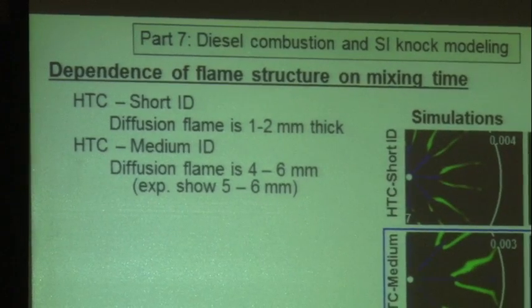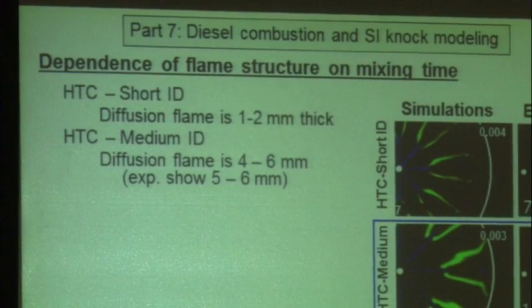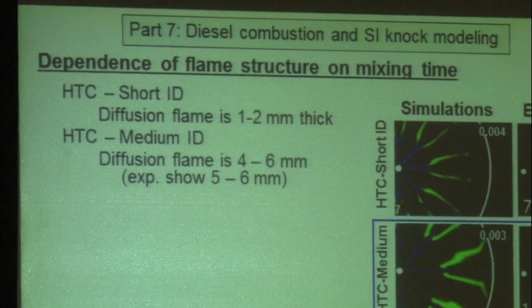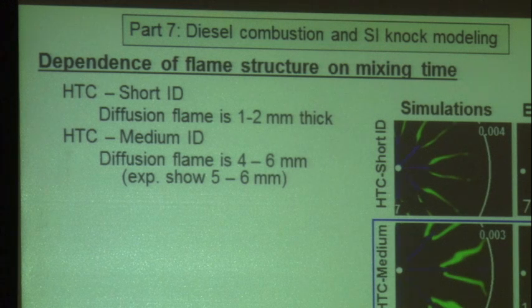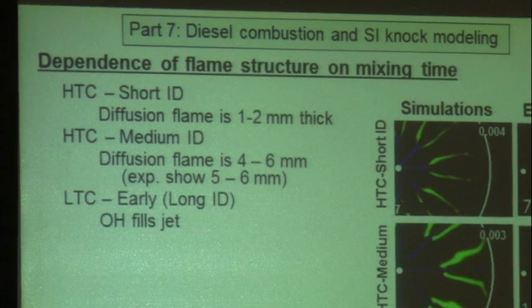Then when we went to the medium ignition delay, I didn't actually show the movie, but from the movies and the computed results, we saw the flame becoming thicker, more like 4 to 6 millimeters, also in agreement with the experiments, as you can kind of see from here. And then finally, for the low temperature combustion case, the OH filling the entire cross-section of the jet.